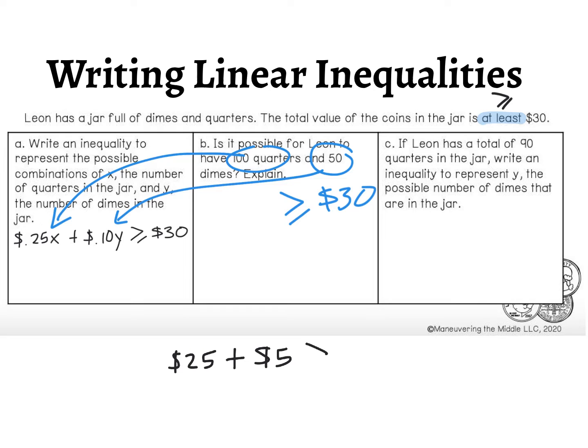Is this still greater than or equal to $30? And the answer is yes. 25 plus 5 is 30. And 30 is definitely greater than or equal to 30. It's actually equal to 30, but anything greater than 30, we would have accepted. So yes, we can have 100 quarters and 50 dimes. We could have 110 quarters and 50 dimes, because anything more than that will be at least $30.